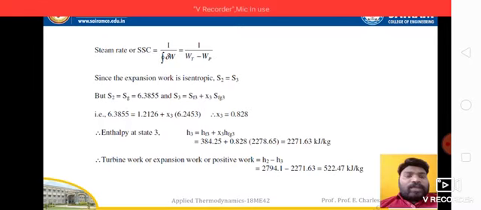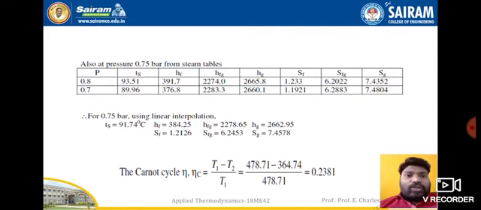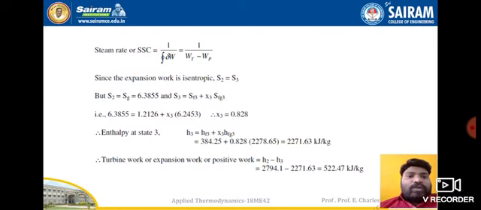If you substitute all the values, we don't know X3, that means the dryness fraction, how much water vapor is present in the steam. So that is nothing but X3. We have all the values SF3, SFG3. We need to take the values from the P2 pressure. If you want, I'll show you. This is the P2 pressure, where SFG and SF values are here, 1.2126.